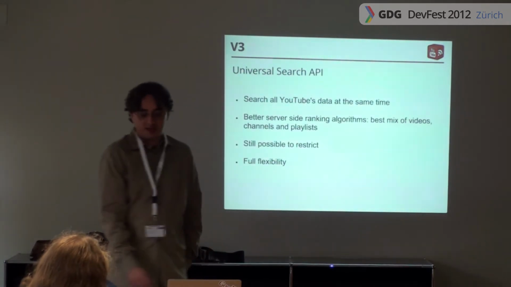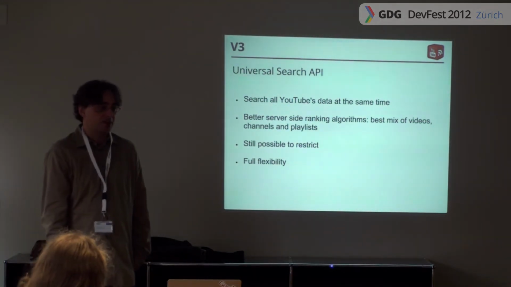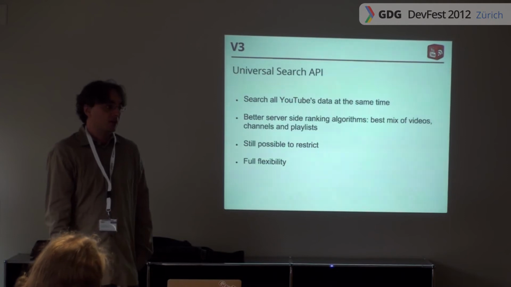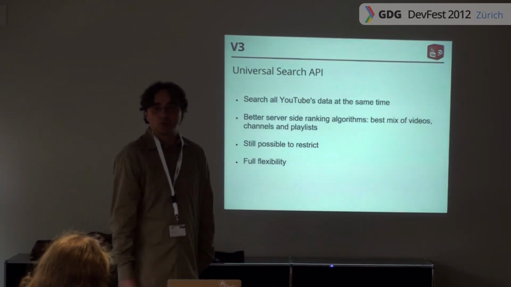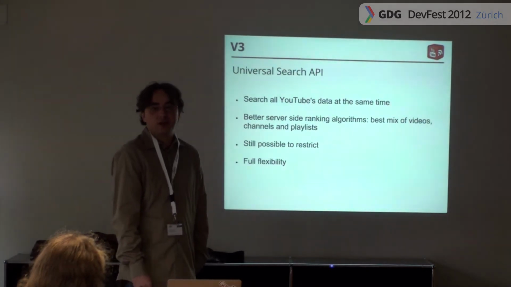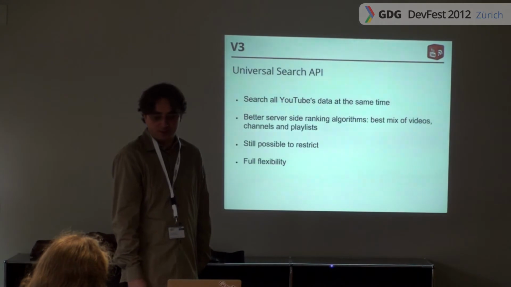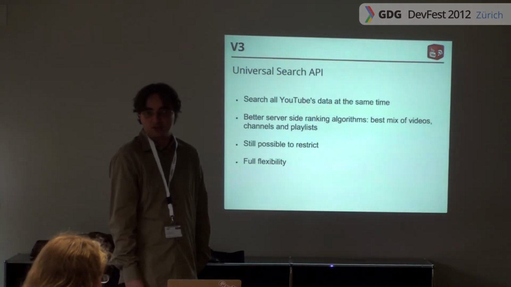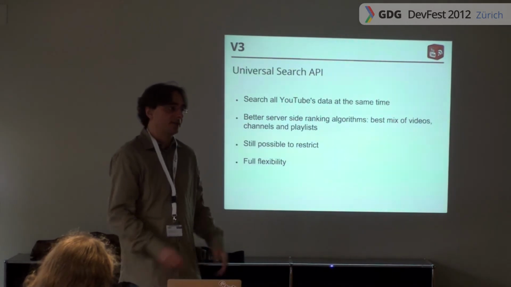Another cool thing about the new API, another new feature, is the universal search. In the previous search, you could only search among the playlists or among the channels or among the videos. With the new API, you have the universal search, where you can search for something, including topics and textual search, and then we will get you a list of entities mixed together.